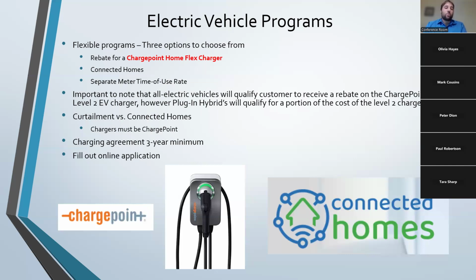You'd be on a separate rate, where you get charged a different rate depending on what time you're using the charger. From 4 to 9, you pay a pretty significant premium, but all other times during the day, you would get a 5 cent discount on your per kilowatt hour electric rate. So that's the brief overview of the electric vehicle programs at the moment.